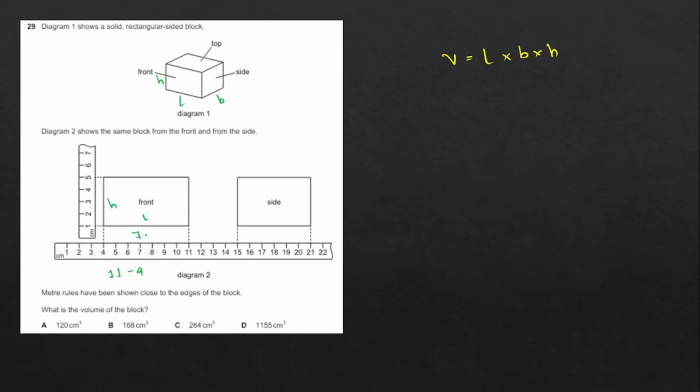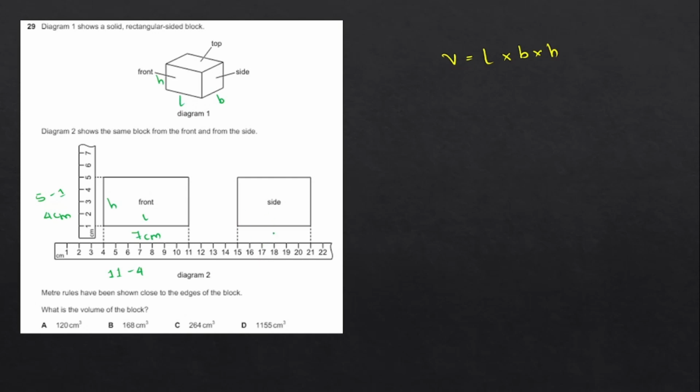So 7 centimeter is the length of this block. For the height, we have to subtract 5 and 1. So 5 centimeter minus 1 centimeter, that's 4 centimeter. That will be the height of the block.